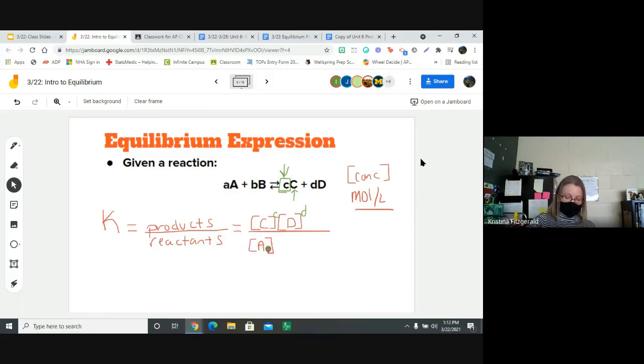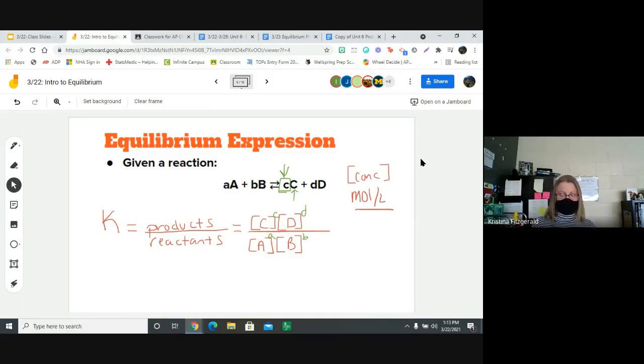So the product of your two compounds, the concentrations of those things, raised to how many of those things you've got. And that is what's called writing an equilibrium expression. For now, we just want to get comfortable writing it correctly. And then we're going to actually do some math with it later on in the week.